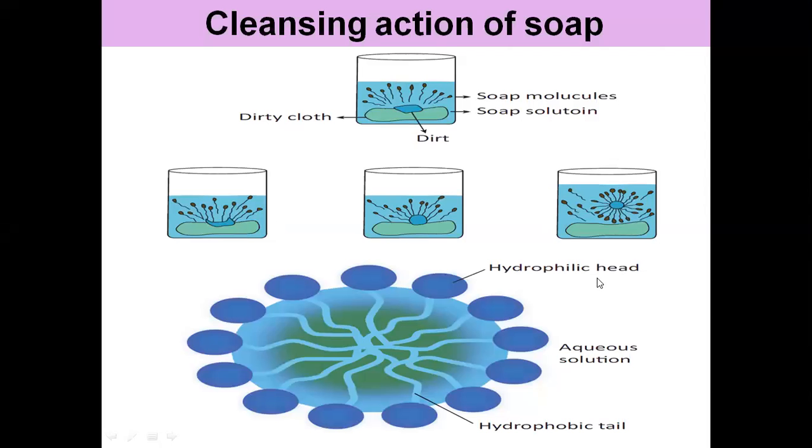So the hydrophilic head is attracted to the water, so it is attached to the water. But the hydrophobic tail hates the water molecules, so it is attached to the dirty cloth. So it is removing the dirt, that is oil.